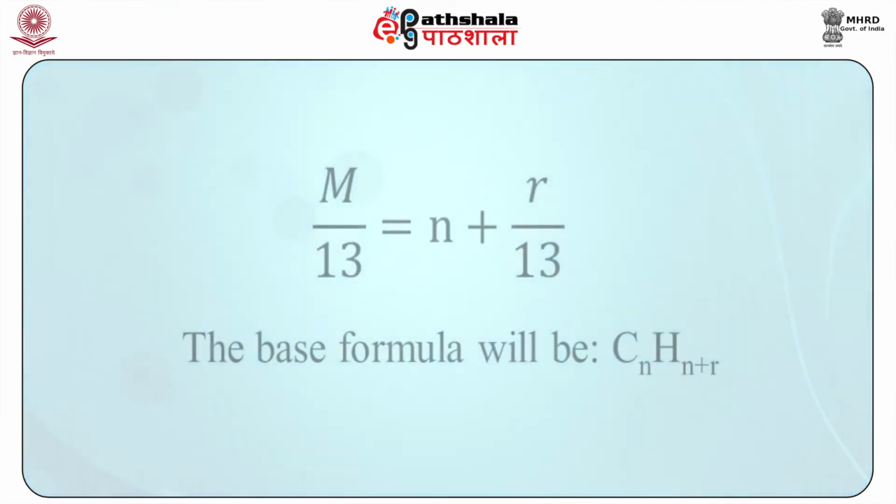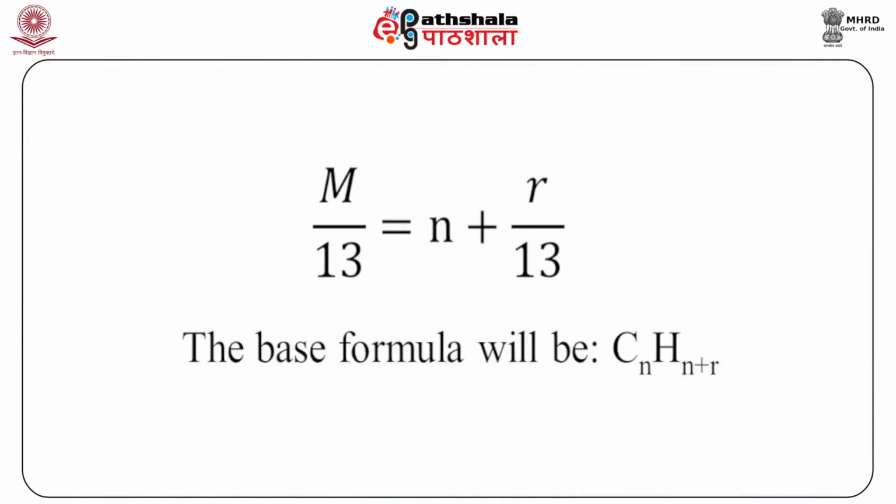Now this base formula is calculated by dividing the molecular mass by 13, because the masses of carbon and hydrogen add up to 13, that is 12 plus 1 is equal to 13.